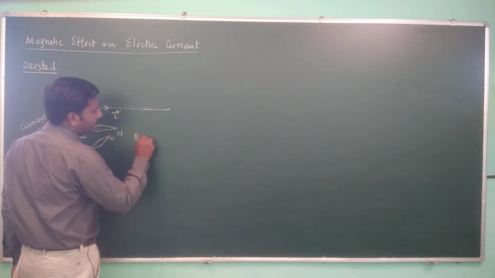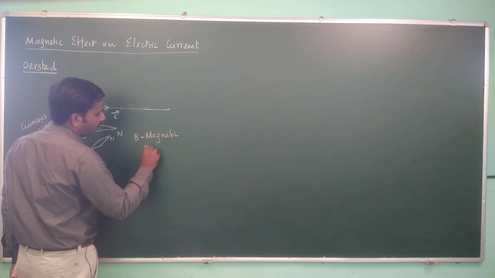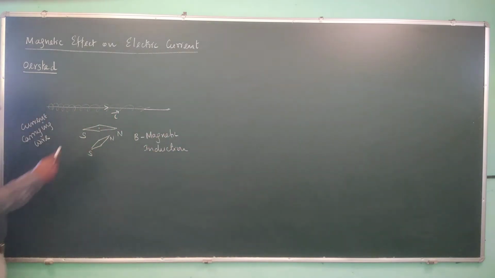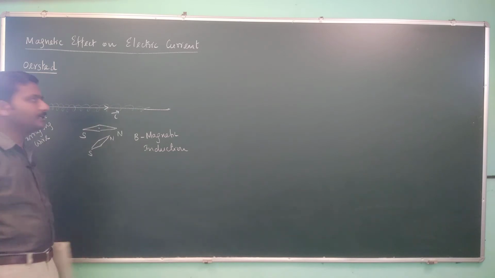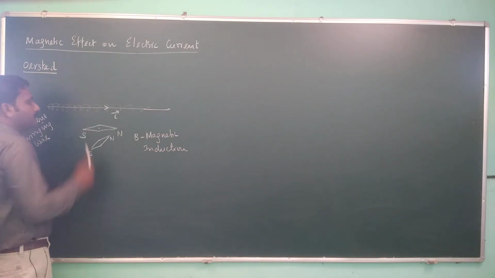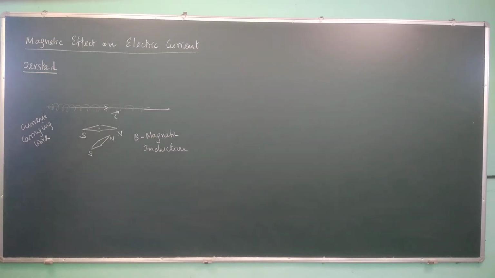This magnetic induction is denoted by B. As there is a magnetic induction created around the current carrying wire, that magnetic induction makes the pivoted magnetic needle deflect. So this is the idea. But the question arises, in what direction will this needle turn? This question was answered by Ampere's swimming rule.